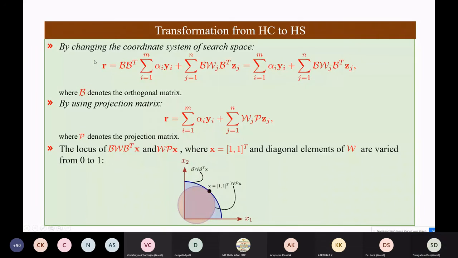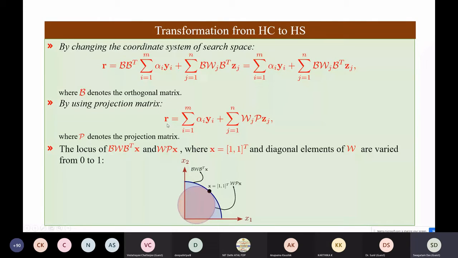On the other hand, if you do not want to use the orthogonal matrix, it's also better to use a projection matrix P. P is the projection matrix. And when you use P, then your transformed system looks like this.